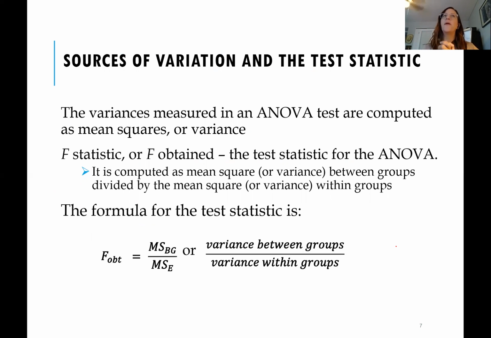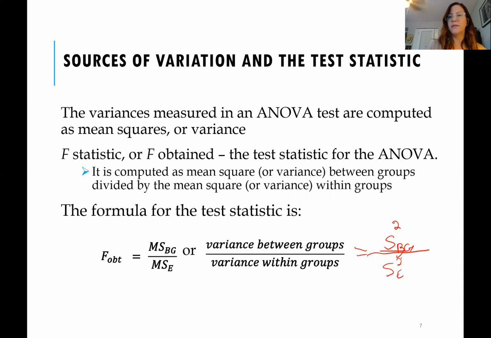Okay, so now that we have those basic things down, we can look at how we calculate ANOVA. The ultimate calculation to calculate what is called the F ratio or the F obtained is to do the mean square between groups divided by the mean square error, which again, remember, is basically S squared between groups divided by S squared error.